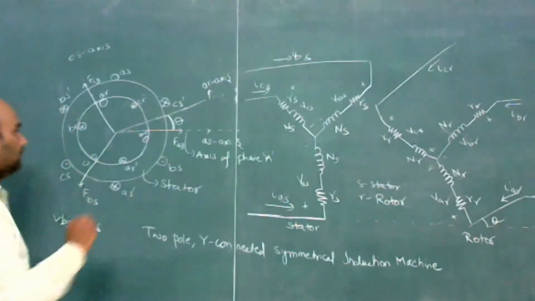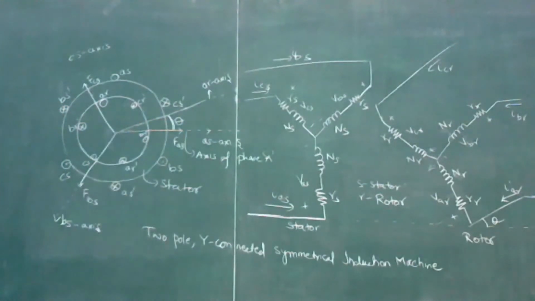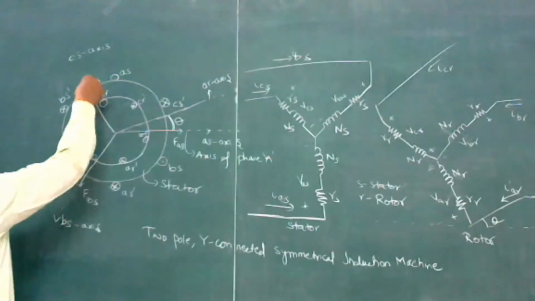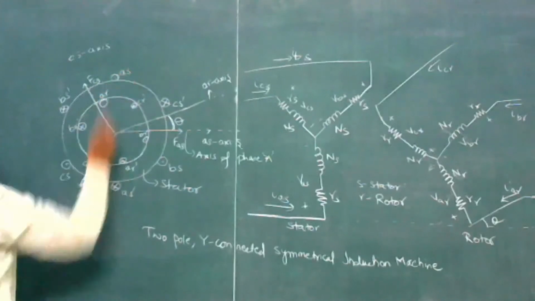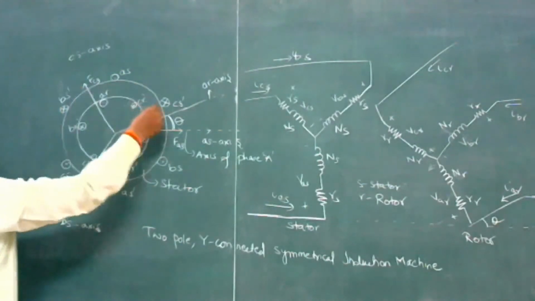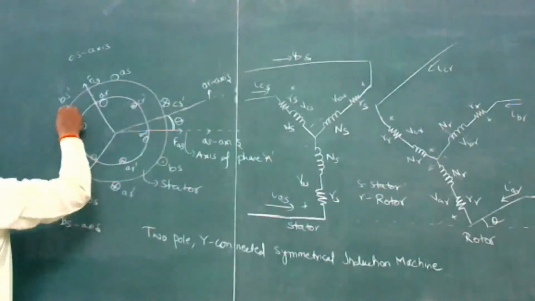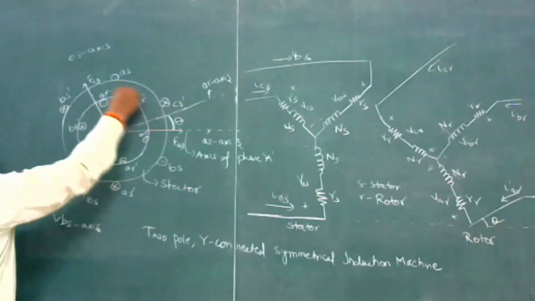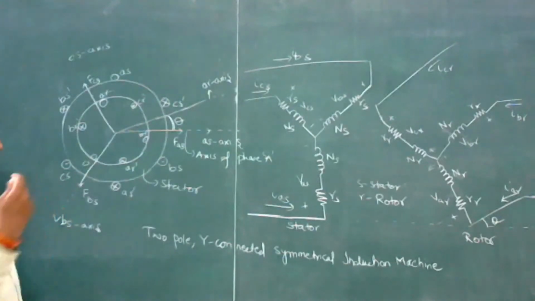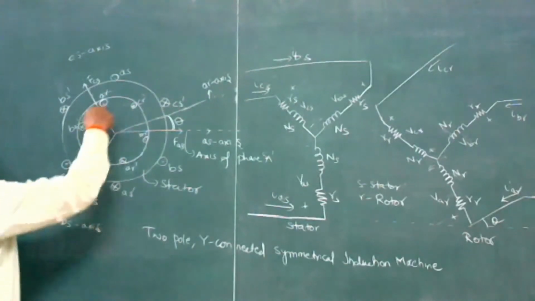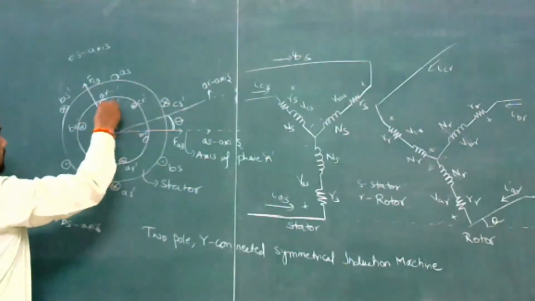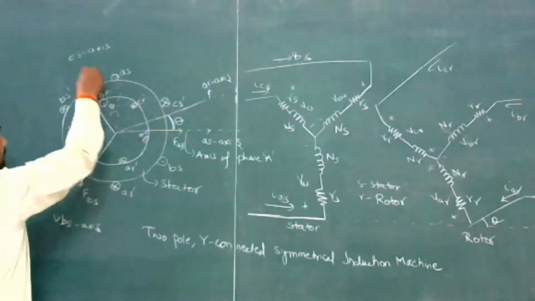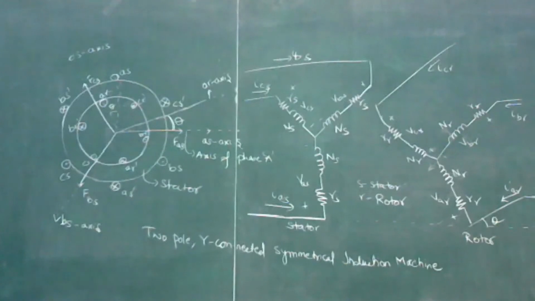This is the displacement between the rotor axis and the stator axis. The stator has 3 windings, AS, AS dash, BS, BS dash, CS and CS dash, and these are the rotor windings, which are either connected in star or delta. This is the AS axis and this is the AR axis, so they are displaced by theta degrees.